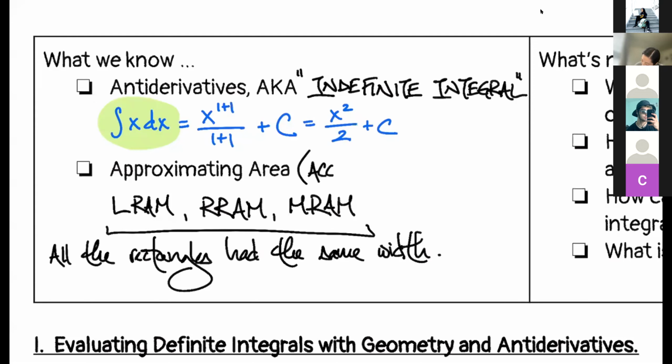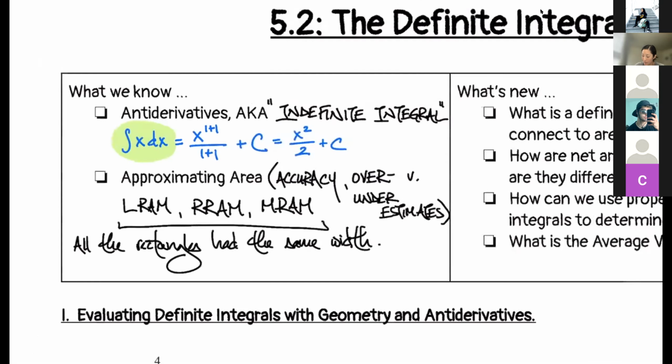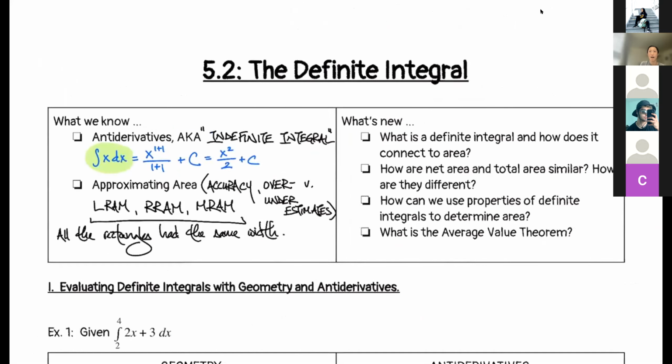Consider how accuracy comes into play for your answer, and also the idea of over versus under estimates. Okay. And so that's what we covered last week.